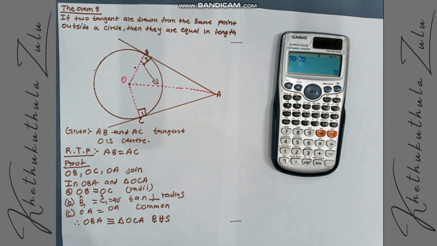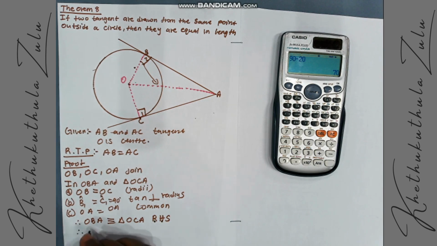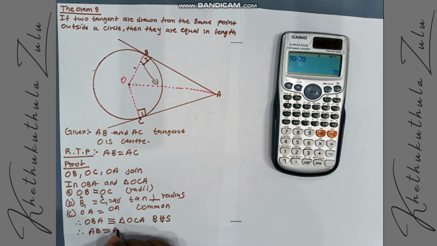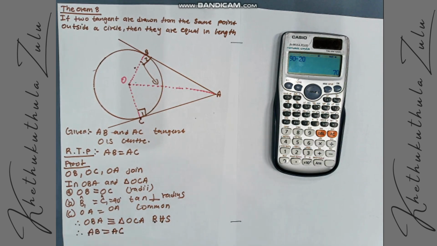That's why we have RHS. Then since we have congruency, therefore AB is equal to AC, and we are done. Because proving congruency is proving that all these parts of the two triangles are equal. That's what we are proving with congruence.